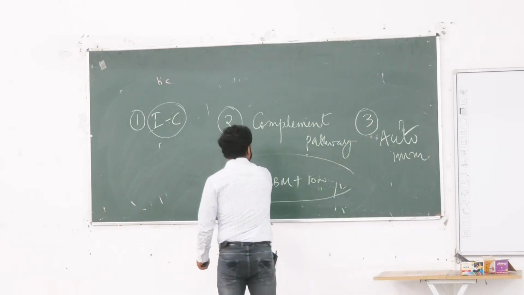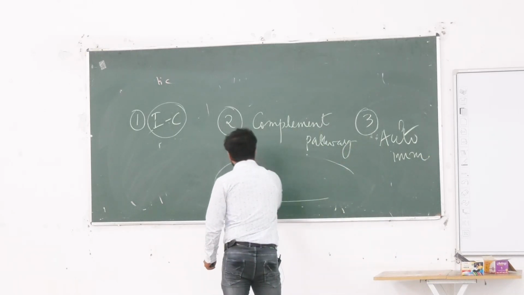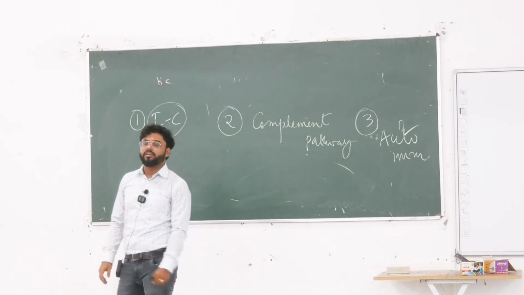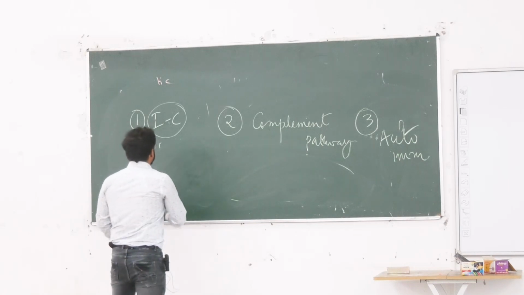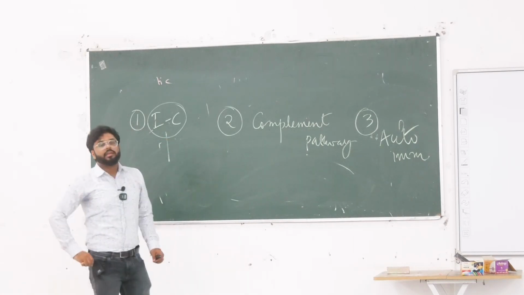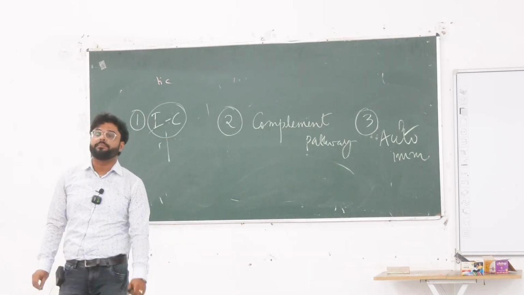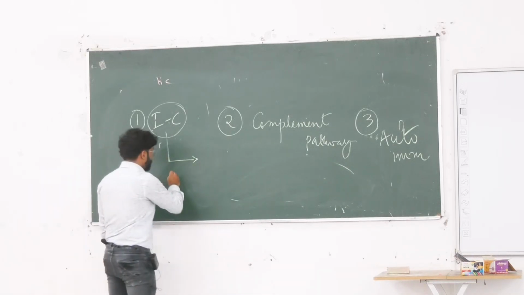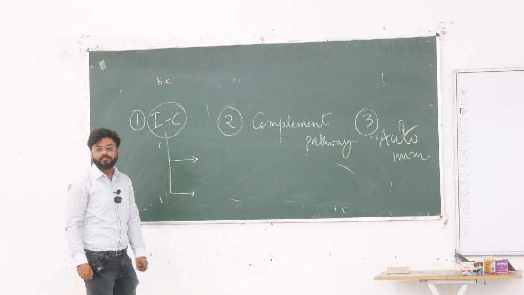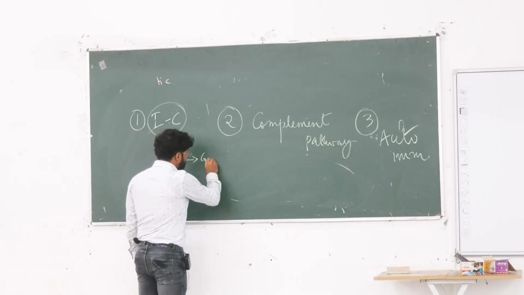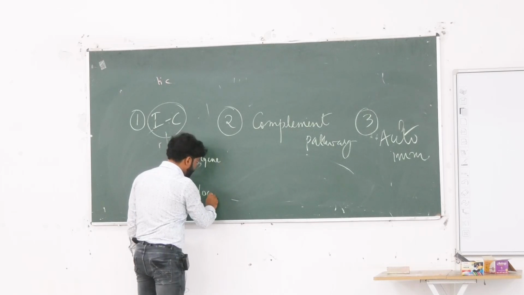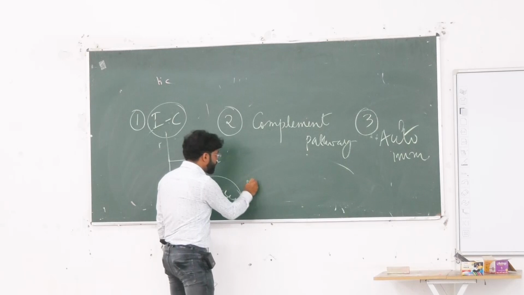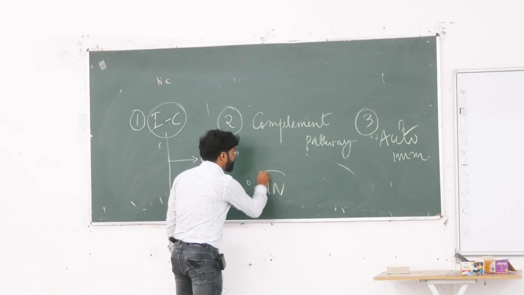So these three mechanisms are most important for immunological causes. Now, immunocomplex production could be of mainly two types. That could be generalized, that could be localized. আগে localized বলিনি, একটা ডিজিজ আছে কি বলেছিলাম, membranous nephropathy.